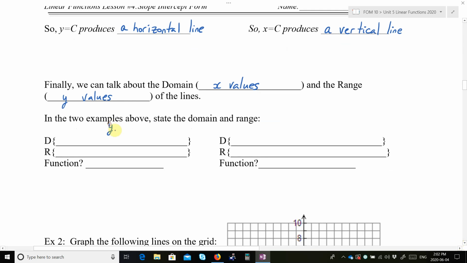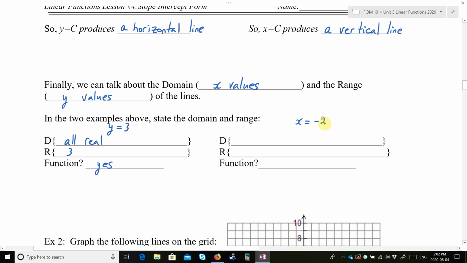And for this one, let this be the y equals 3 line. The domain is all real. X could be any value, but the range, the possible y values, y was always equal to 3. And was this a function? Yes. We can talk more about that later.